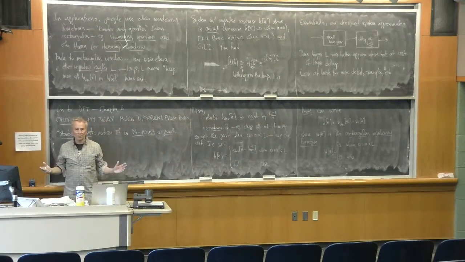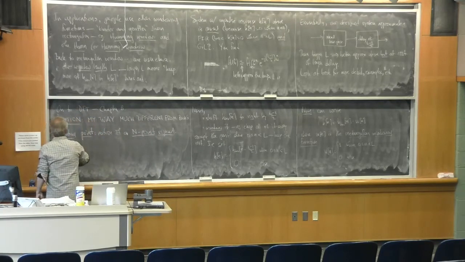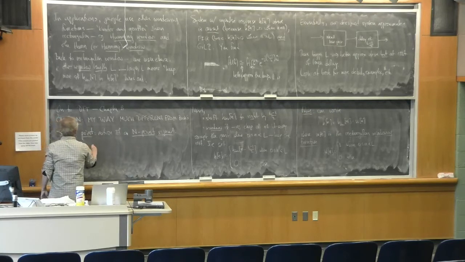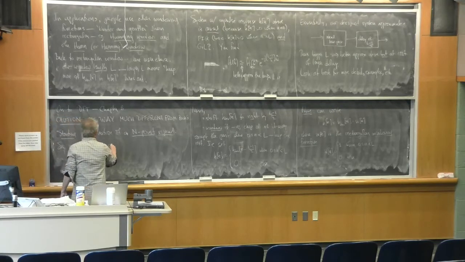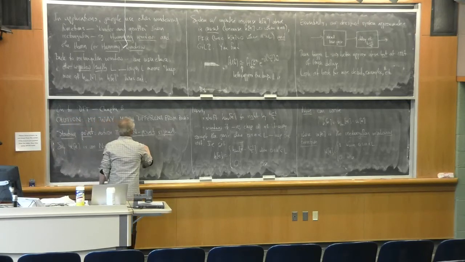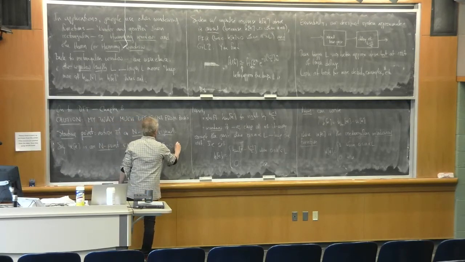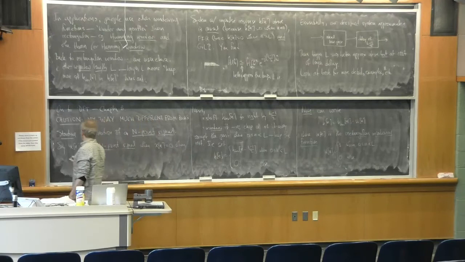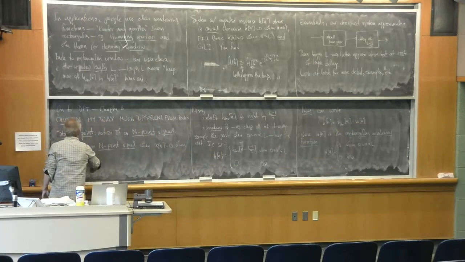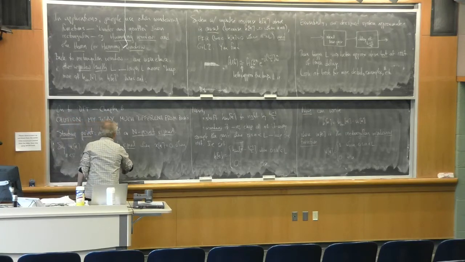It's a whole signal, a whole discrete time signal. So we say that x of n is an N-point signal when x of n equals 0 when n is less than 0, and x of n is equal to 0 when n is bigger than or equal to N.